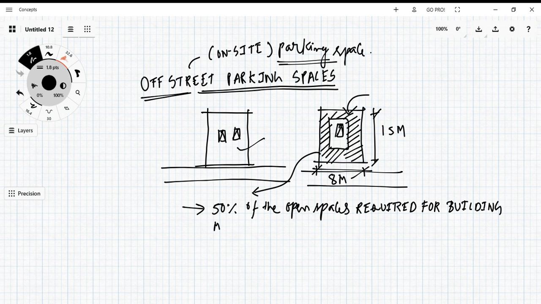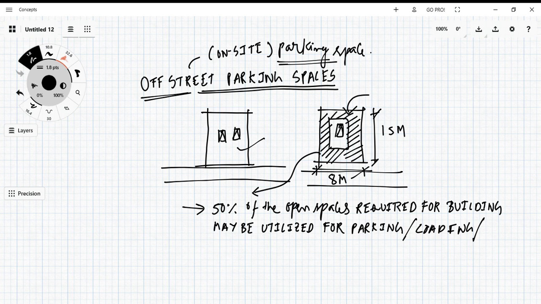50% of the mandatory spaces may be utilized for parking, or loading or unloading spaces.